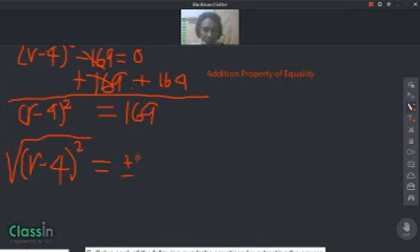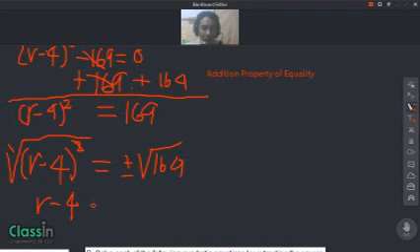So it becomes positive or negative square root of 169. So we cancel out the exponent, and this becomes r minus 4 equals positive or negative. You think of a number that when you multiply it by itself, or when you square it, the answer is 169.